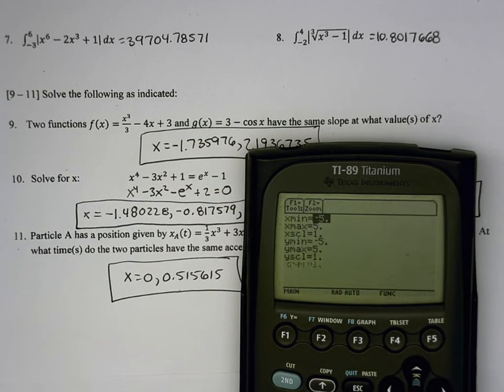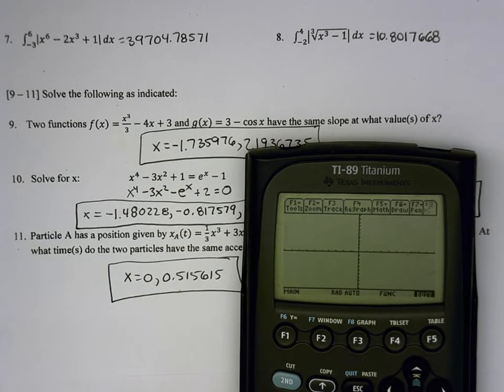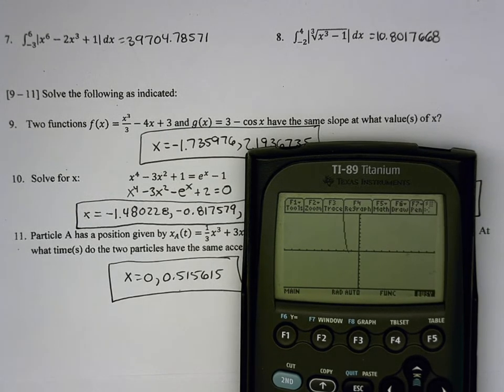Okay, and I'm going to make my window a little bit bigger on this one, just so I don't miss any zeros. So I'm going to go -10 to 10. You could even go -20 to 20 if you wanted. But when I graph this, I'm going to find that every time my graph touches the x-axis is one of my solutions. So in this particular case, I've got 4 places where this touches my x-axis. Okay?